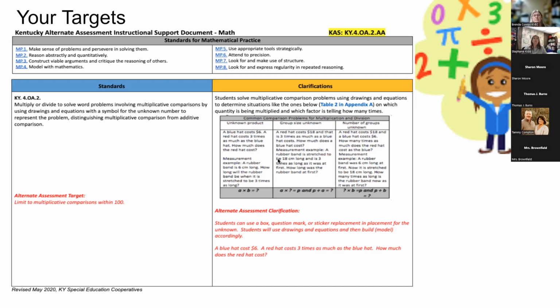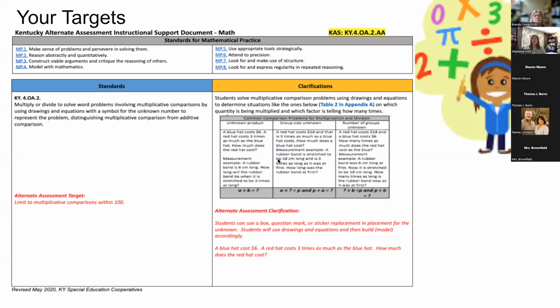So make sure when you're looking at this, you're looking at that clarification and saying, did I do all 3 pieces? You may not want to do all 3 on one day, and that's fine. But that student has to be exposed and taught all 3. So at some point during the progression of them doing this, they need to have all 3. That's the reason I like starting out with just that sticky note over if I'm using this one. And that way they understand all 3.